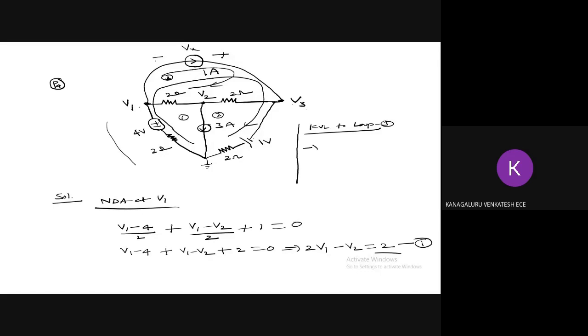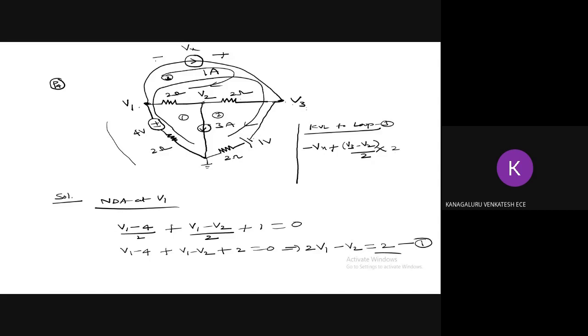Minus Vx. And then it comes like this, minus Vx. Here, what is the current through 2 ohms? Current through 2 ohms is nothing but what? V3 minus V2 divided by 2. This is the current through 2 ohms, multiplied by resistance, I into R. Current flowing through 2 ohms, V3 minus V2 divided by 2, multiplied by 2.